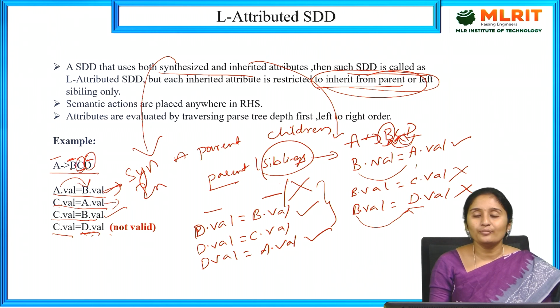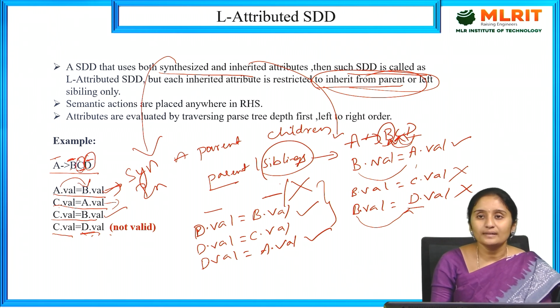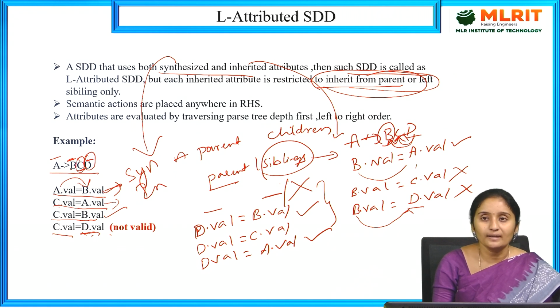So the overview of what we have discussed: syntax directed definition is a combination of context free grammar and semantic rules. There are two types of attributes: synthesized attribute and inherited attribute. A synthesized attribute takes its value from its children, and an inherited attribute takes a value from its parent or its siblings.